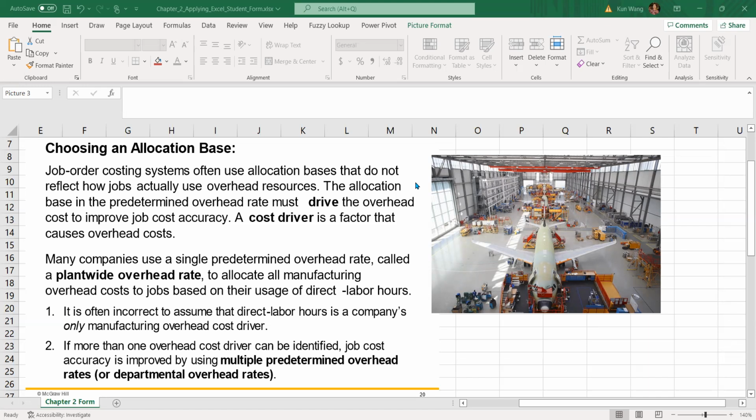So in this video, I will use the Excel simulation question in the chapter 2 homework to go over the details of the departmental overhead allocation. Now let's see the question itself.